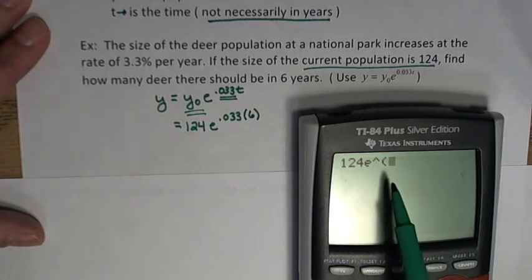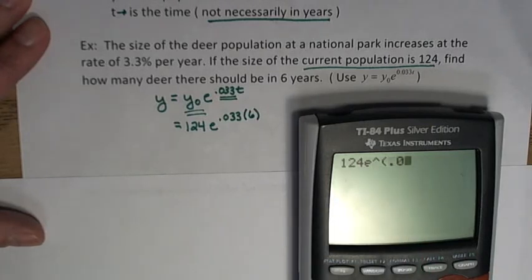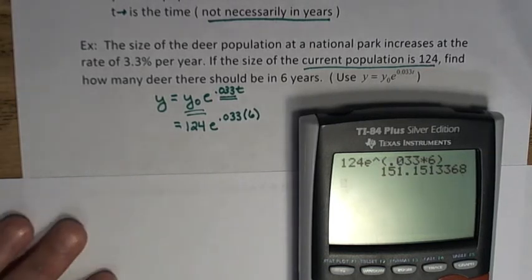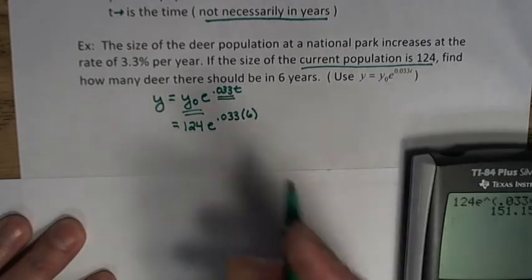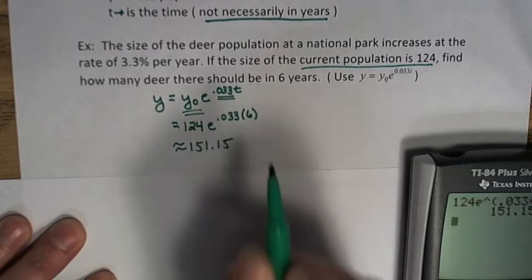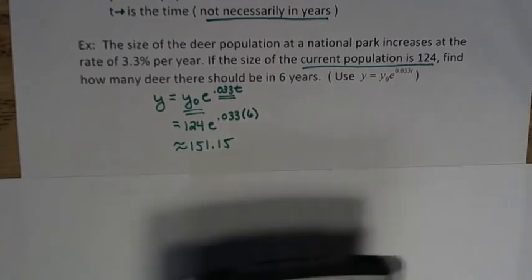And notice it does give me that parentheses. That's why I like it, because I need to do a calculation there in the exponent. 0.033 times 6. And I close that off. And I end up with 151.15. So it's approximately 151.15 is what I get from this calculation.